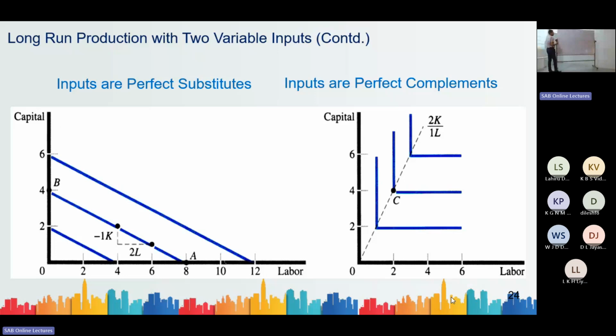But with A, it requires only 500 milliliters because A is twice as effective as B. So in this case, how do we draw the isoquant curve?